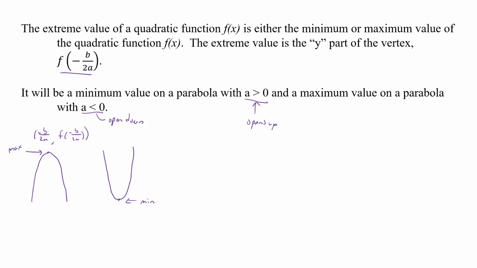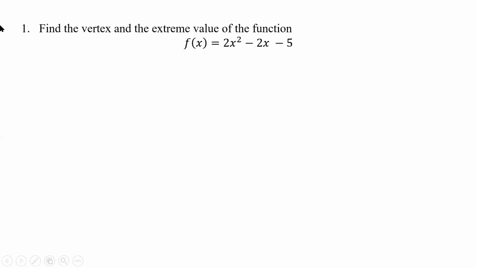Okay, and so what they might do is give you a quadratic function and say, find the vertex and then find the extreme value of the function. Well, we know how to find the vertex. First off, we're going to find minus b, so that's minus negative 2, over 2 times a, which is 2.